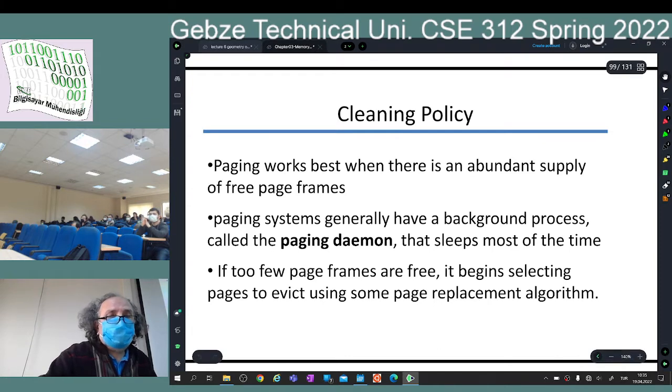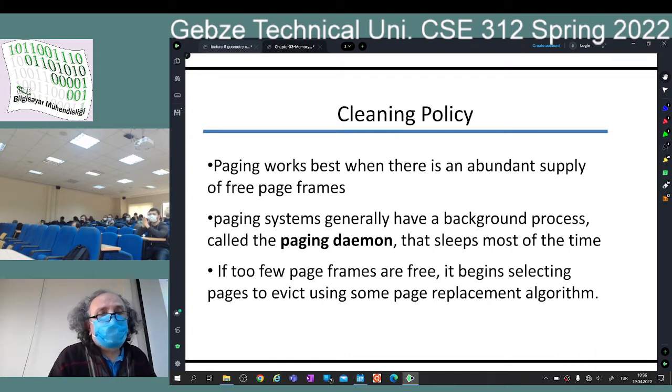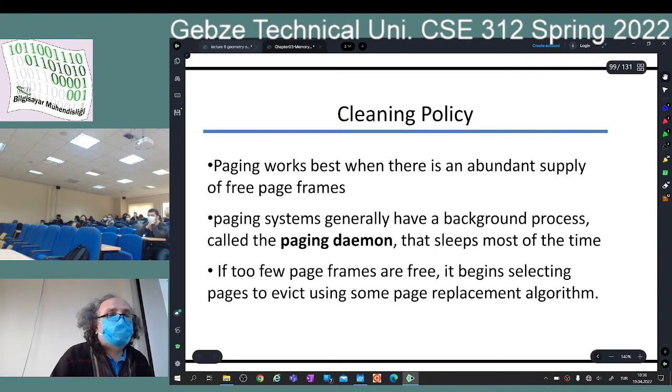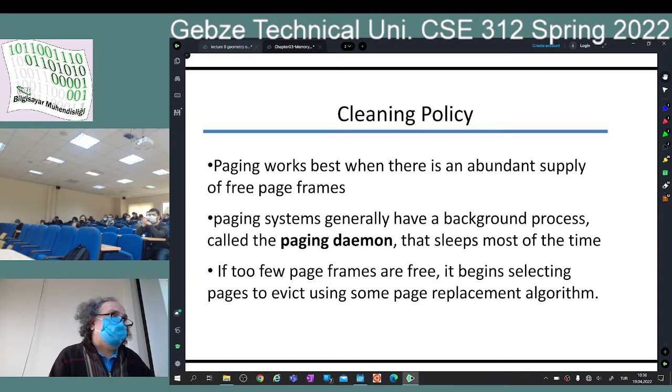This means that if you have just a few pages available, that means that this paging daemon couldn't find any pages to discard when it runs. That means that everything in my memory is in the working set. If I get rid of some of the working set pages, then I am going to load them back again so that the process can run, and that will cause thrashing. Okay. So that's one cleaning policy demand paging uses.